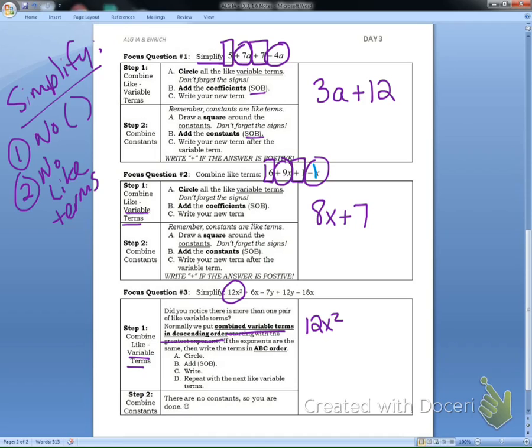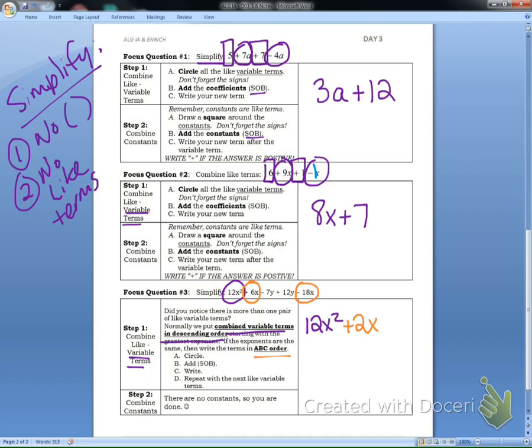Now if you look at what we have left over, 6x minus 7y plus 12y minus 18x, we still have some like terms here, but which ones should we combine first? Well, which comes first in ABC order, the x's or the y's? Well, x comes before y in the alphabet, so that'll be the variable terms that we're going to combine next.